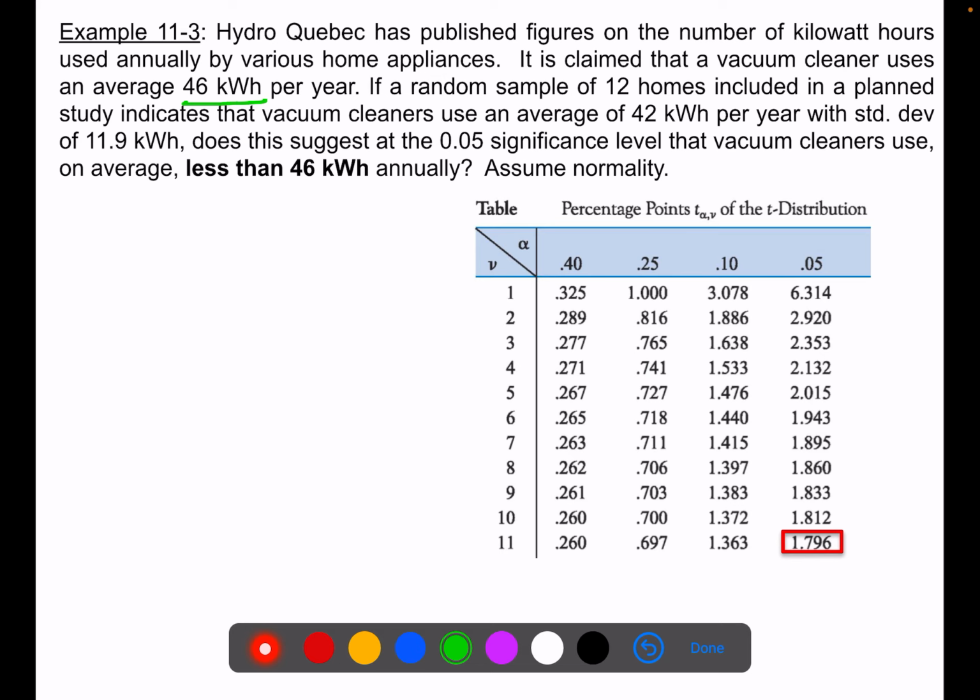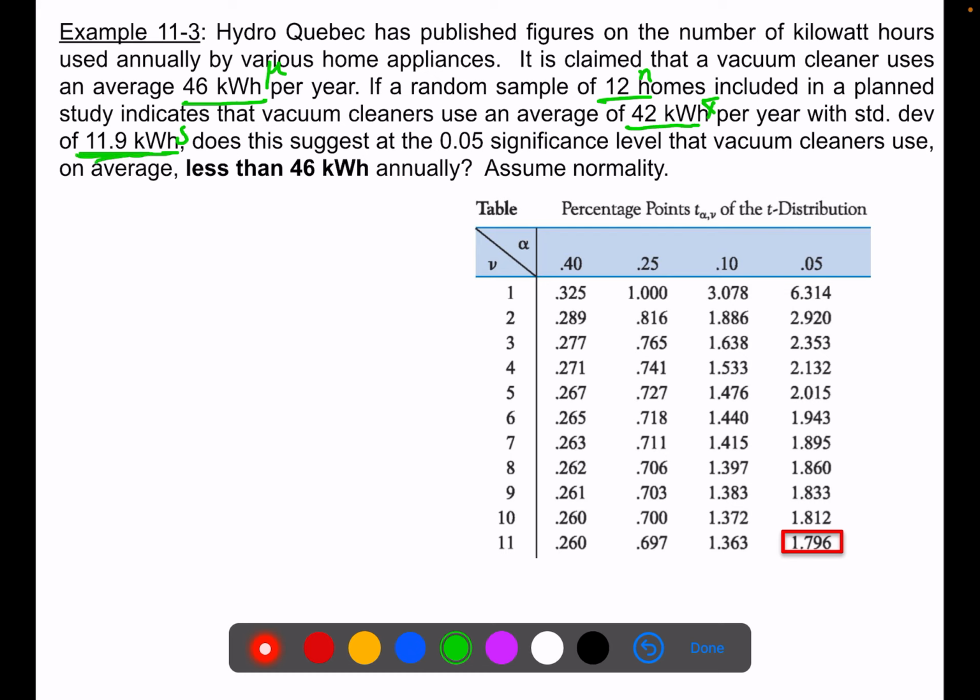If a random sample of 12 homes, so this is our n, this is our mu, included in a planned study indicates that the vacuum cleaner uses an average of 42, so this is our x bar per year, with a standard deviation of 11.9. So this is our S, because it's quite clear that 11.9 is based on these 12 homes, right?